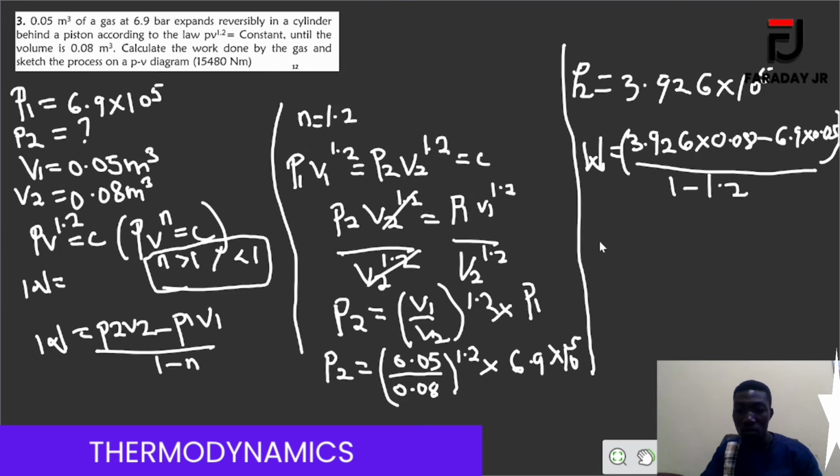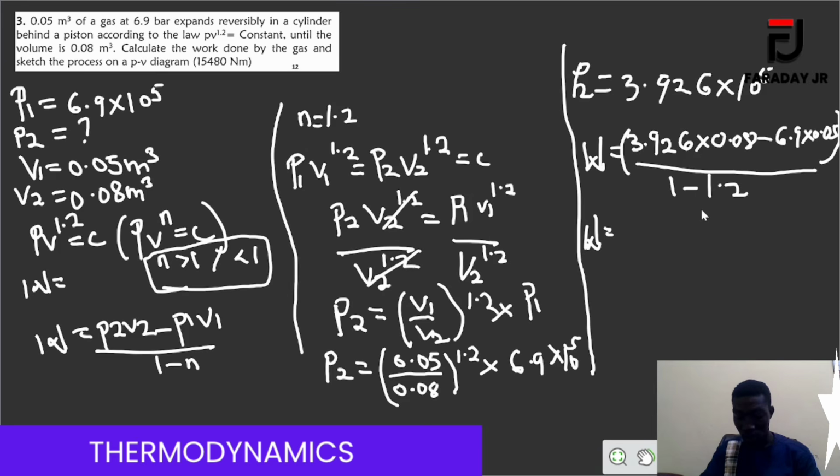Don't forget that the whole of this will be multiplied by 10 raised to the power 5, because we have factorized both of them out. So we get 3.926 times 0.08 minus 6.9 times 0.05, over 1 minus 1.2.